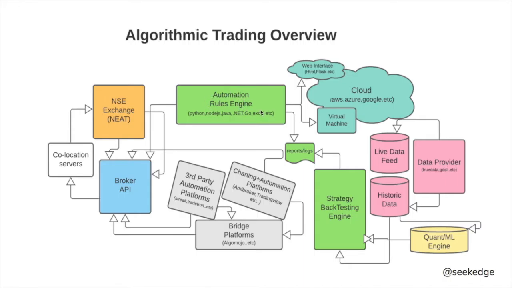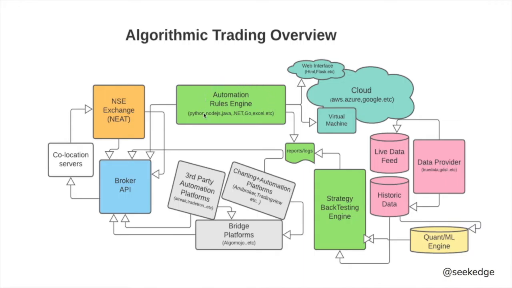Why is it known as a rules engine? You place the order based on certain conditions, like the moving average indicator has to be this much, or RSI has to be this much, or the pivot level has to be at this point. These are all the different rules. These rules have to be coded, and when the signal is generated, the orders have to be placed to the exchange.